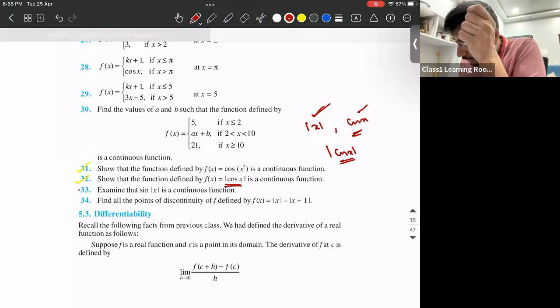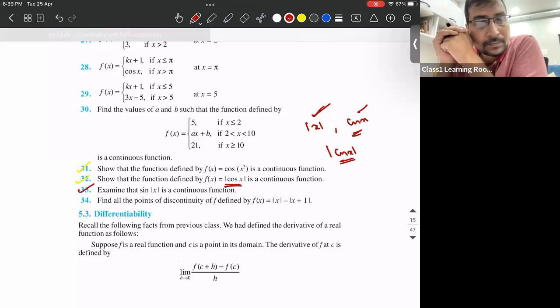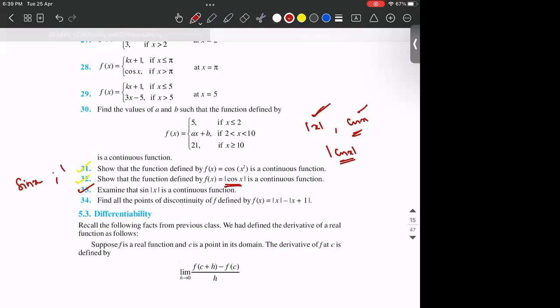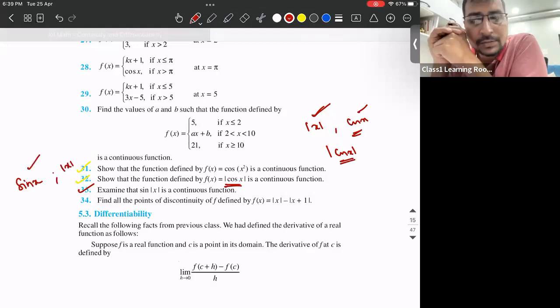Okay. Similarly, 33rd, tell me. They told examine sine of mod x. You can solve it in your mind itself. So sine of mod x is a composition of sin x and mod x. So sin x, is it a continuous function?